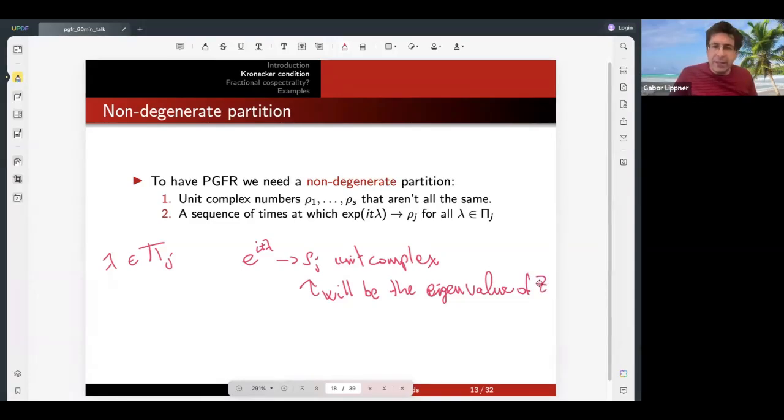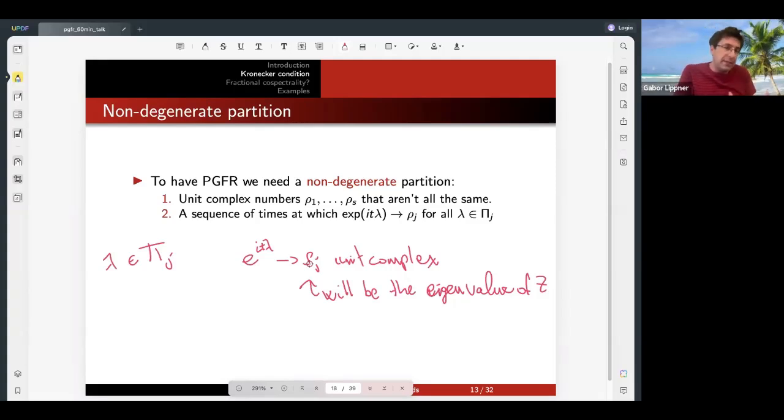And so the condition that Z is not the identity matrix means that we can't have these rows be all the same unit complex numbers for all the groups. So we have to be able to pick, for each group, one of these unit complex numbers and then find a sequence of times at which e to the it lambda converges to this chosen number. But again, the point is that we cannot choose all of these rows to be equal. And so this depends on the partition, right?